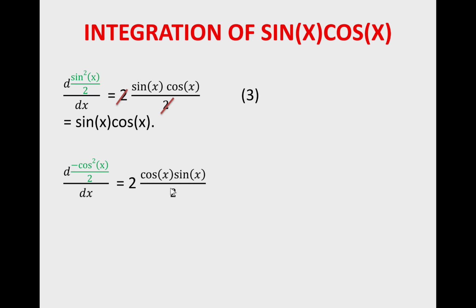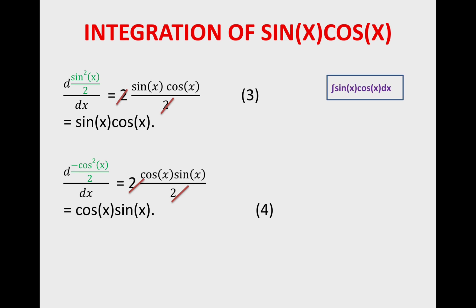We can cancel the 2 because it appears in the numerator and denominator. The end result is the same, so we are back to the same function. The integration of the same function led to two different integrals, but when we differentiated each of them, we went back to the same function. So both answers are correct.